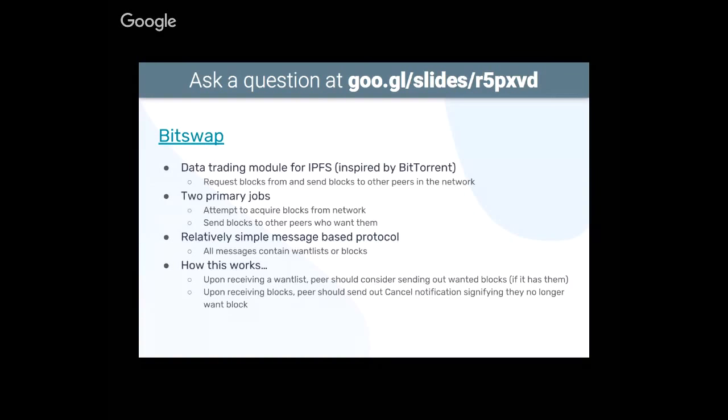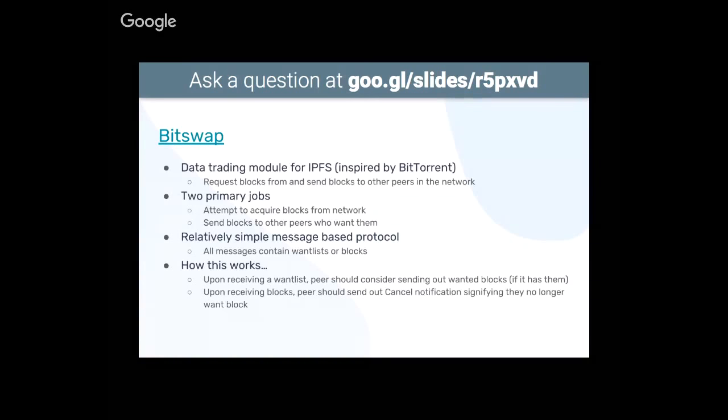So the way it works is relatively straightforward, and it's based on this pretty simple message-based protocol where all messages contain want lists, so the list of blocks that the peer wants, and actual blocks of data. So when responding to a want request, the actual data that would satisfy that request.